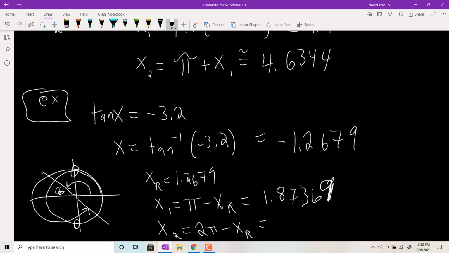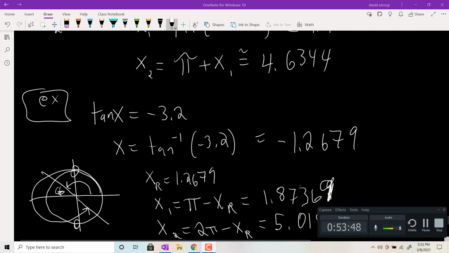And then 2 pi minus 1.2679 is 5.0153. And then you could always check that with your calculator, which is what I'm going to do here.